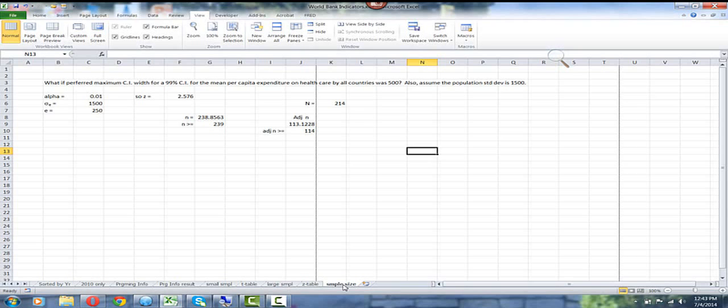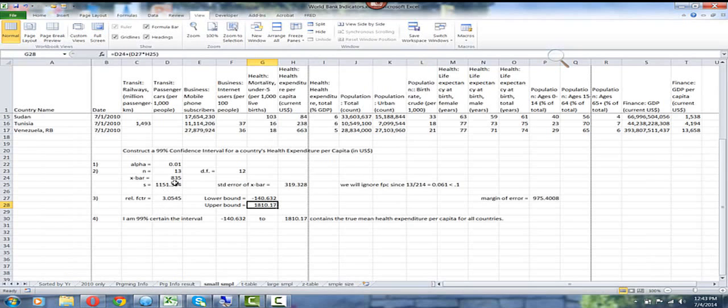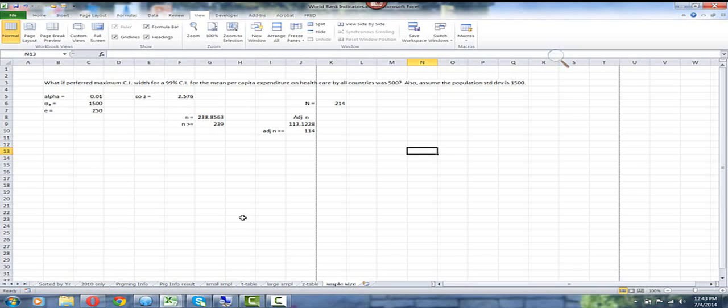Also, assume the population standard deviation is 1,500. Now we could have just used the sample, we could also use this right here, 1151. So we have different options here. Since we had a small sample, some people might say just use the information from that small sample. But we're going to use 1,500. We're going to assume that's what we got.